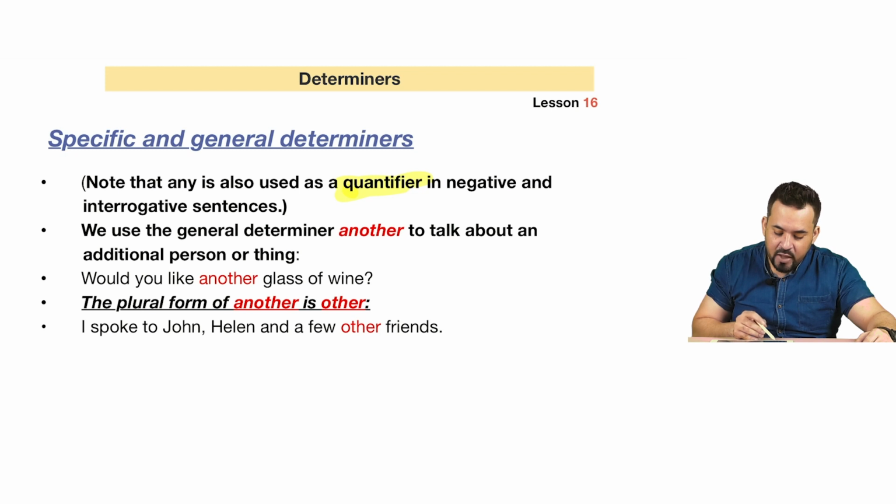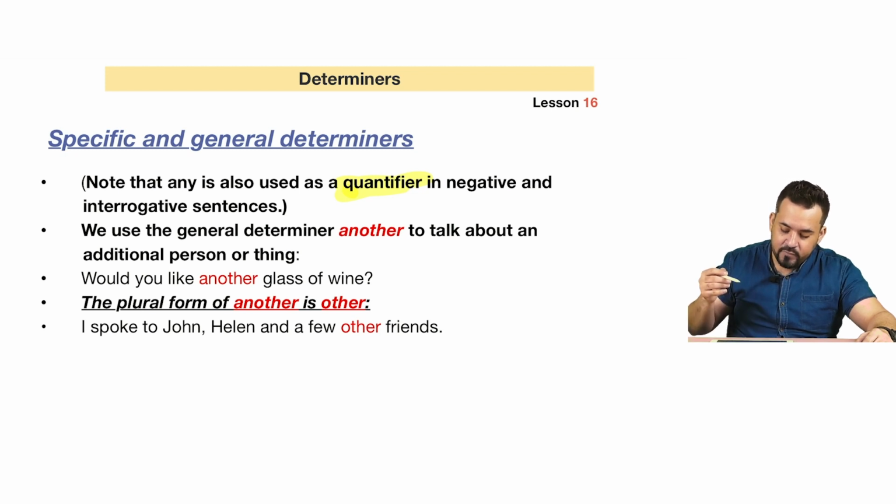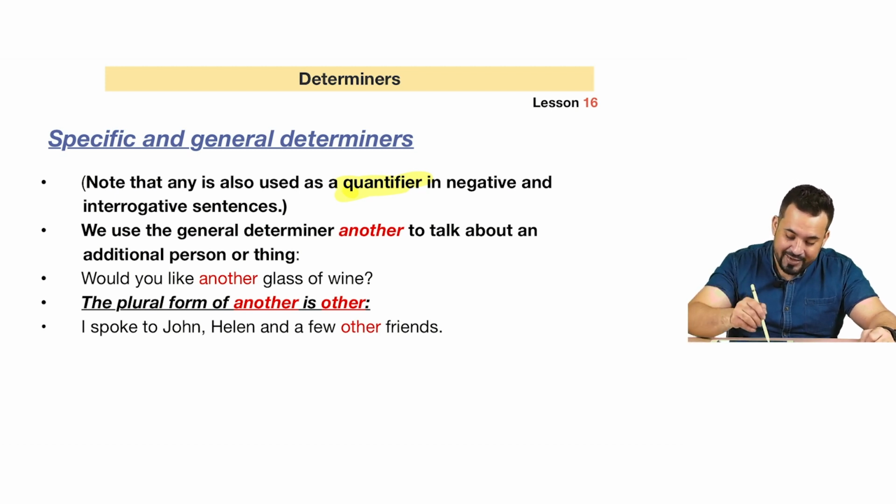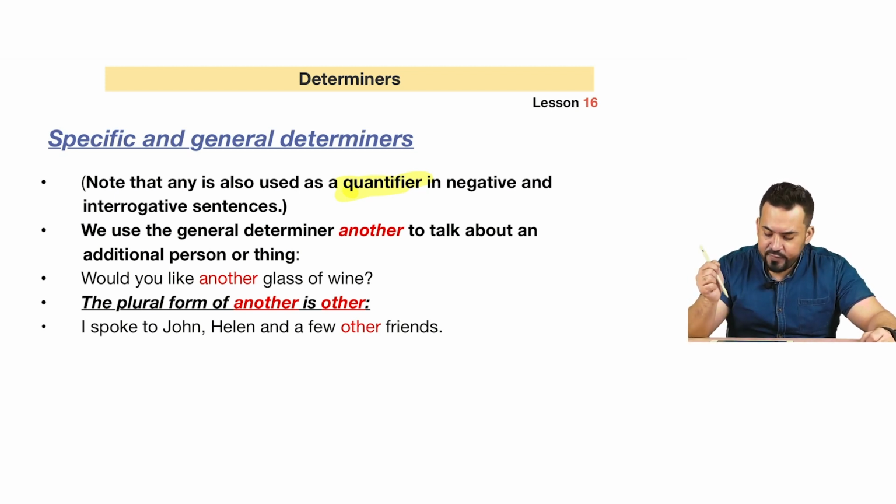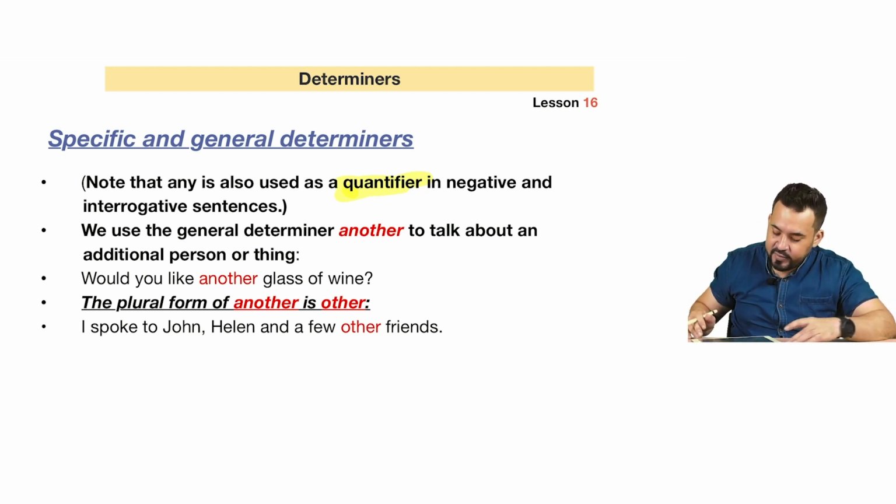That's a different example. There are no examples for any as a quantifier in negatives and questions, so let's make an example.